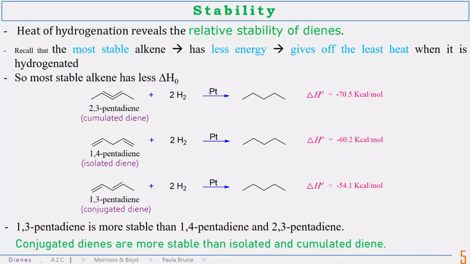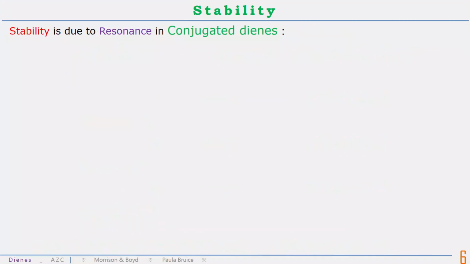Conjugated dienes are more stable than isolated and cumulated dienes, and this stability is due to resonance in conjugated dienes.